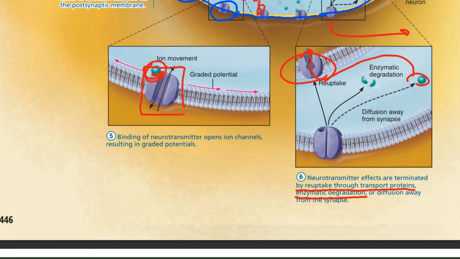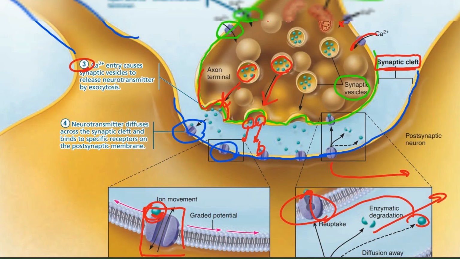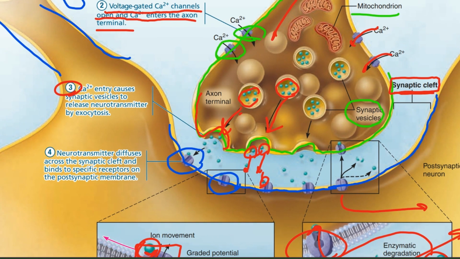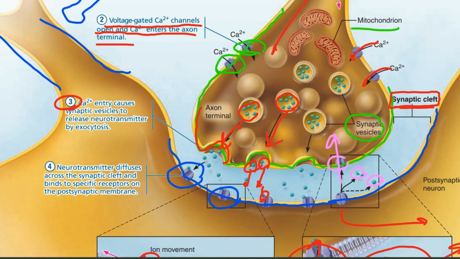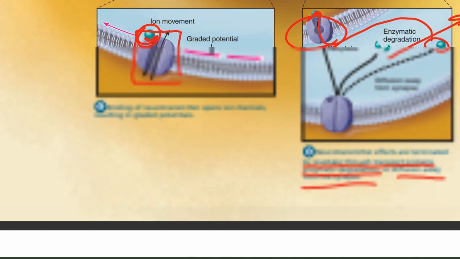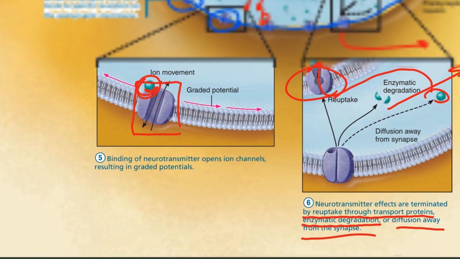So enzymatic degradation or diffusion away. It will go away from the synapse. So let's go here. These neurotransmitters will either go back to the presynaptic neuron or will be degraded by enzymes or will diffuse away from the synapse.